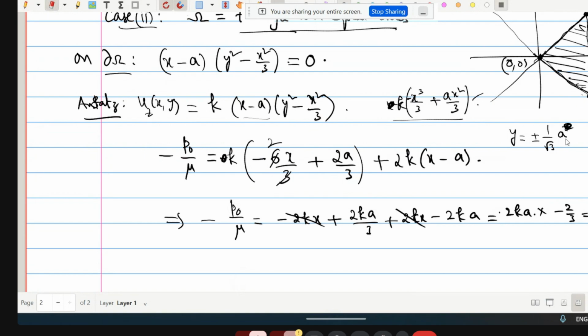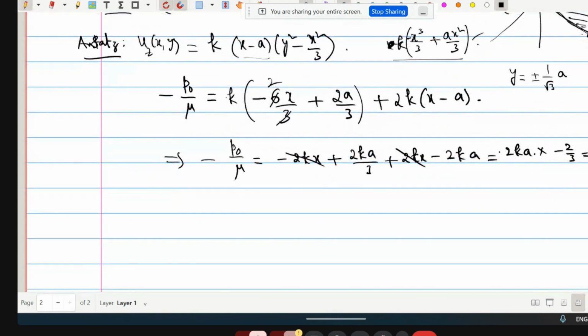You get the same number, Rishabh? Sir, yes, sir, first part I got the same. Yeah, okay. So minus minus cancel both sides. So I can get k equal to 3 by 4 a mu into p naught.